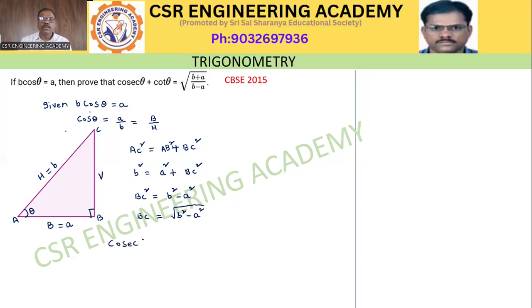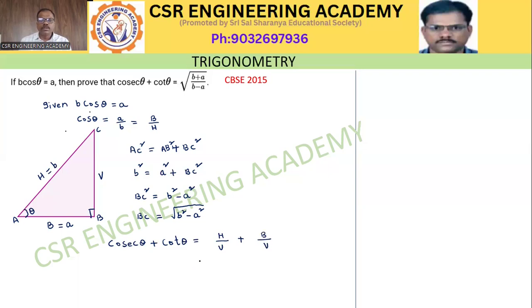Cosecant theta plus cot theta is equal to, here cosecant theta is equal to hypotenuse by vertical side, plus cot theta is equal to base by vertical side.